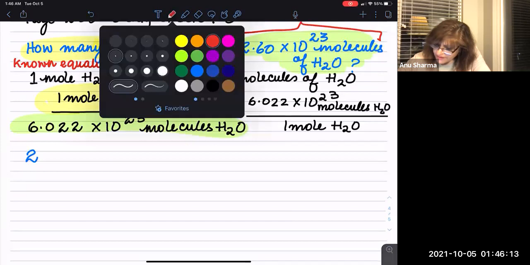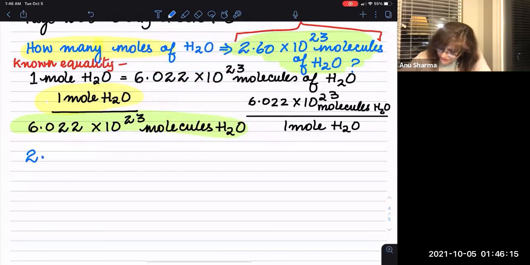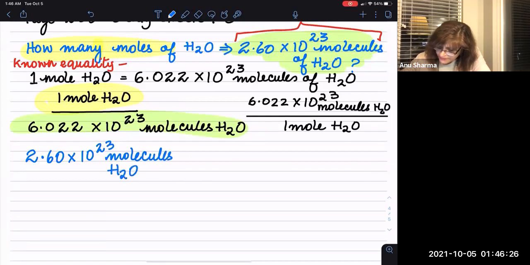So here we have 2.60 into 10 to the power 23 molecules of water. And we want the moles, right?